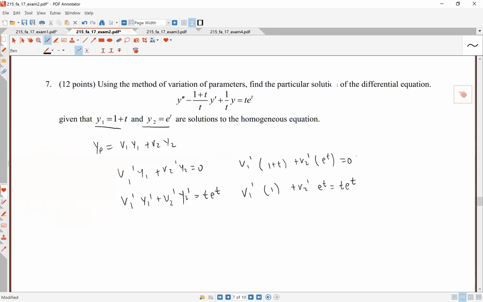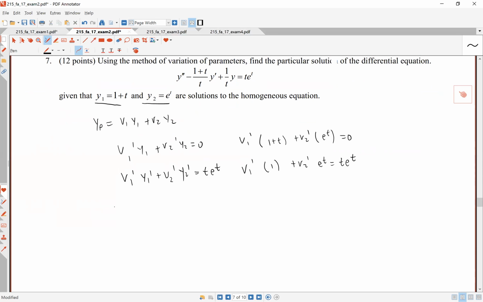We use Cramer's rule to solve for v1 prime. So this is the determinant divided by determinant. The denominator is the determinant of coefficients. The numerator is a determinant where, if it's v1, we replace the first column with the non-homogeneous portion.